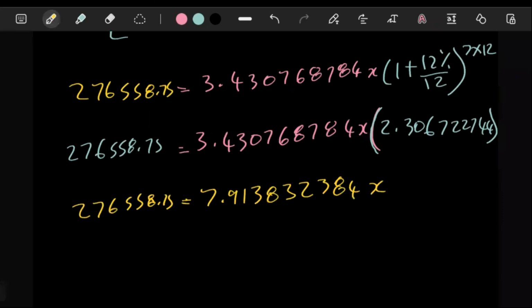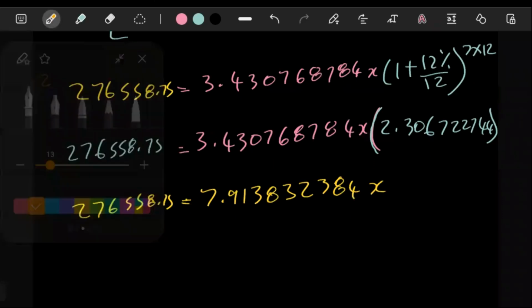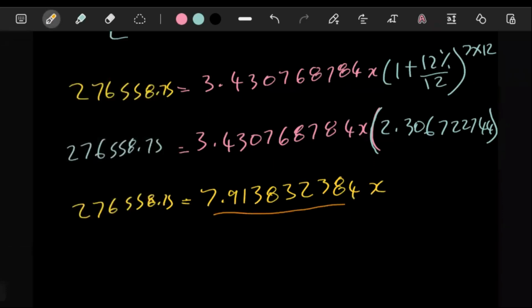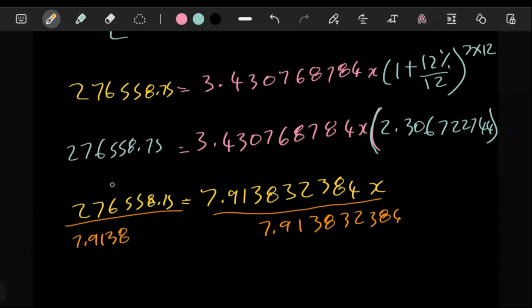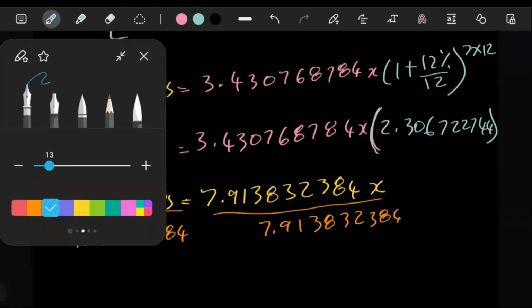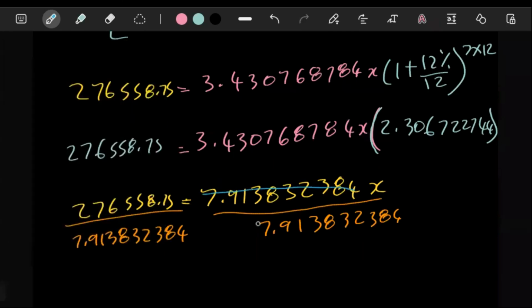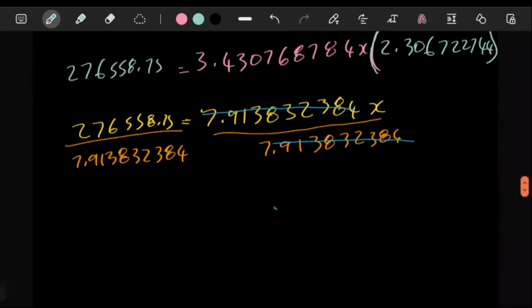Now, all this being done, let's divide this by 7.9138323884, and also this side by 7.9138323884. This cancels this, giving us a value of x.